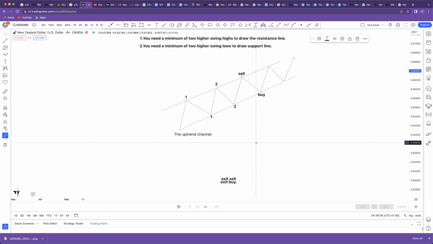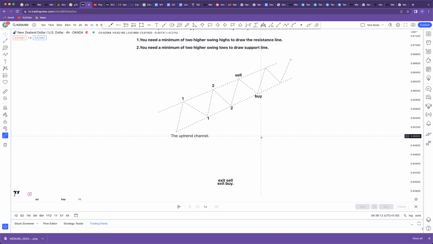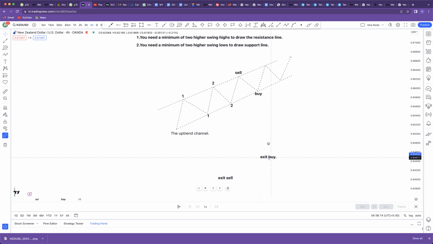Now when you sell on the resistance level on point 3, you take your profit where you are going to buy. So you exit here, and when you are buying here also, you exit where you are going to sell again.